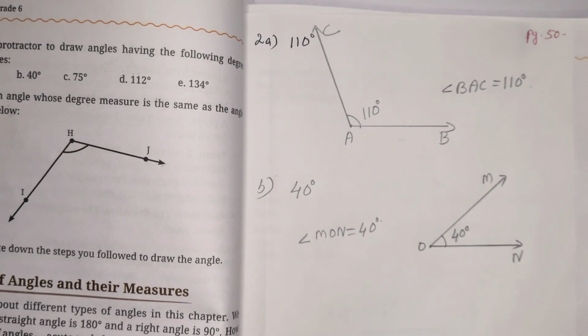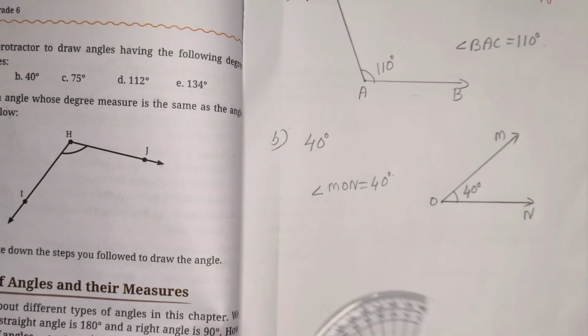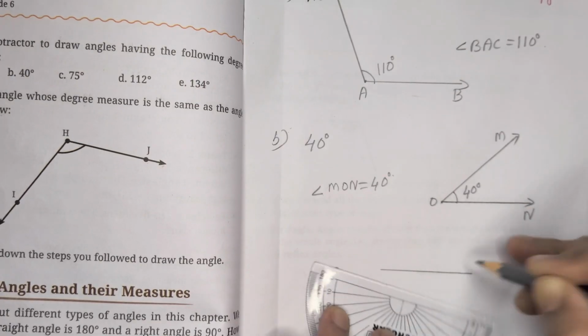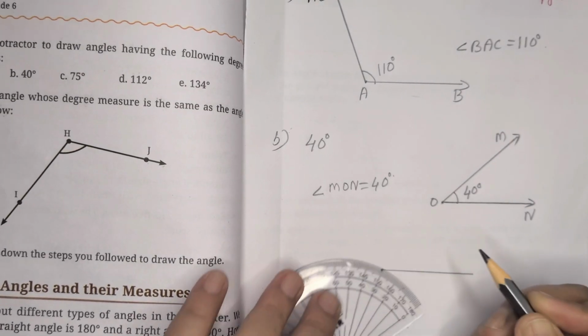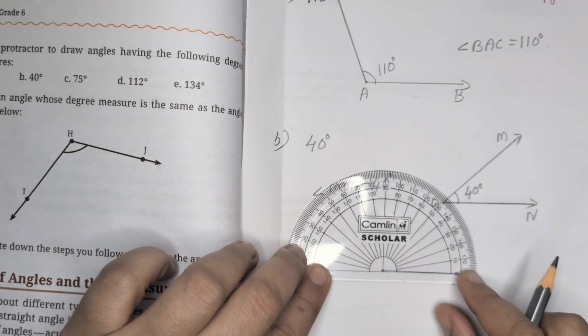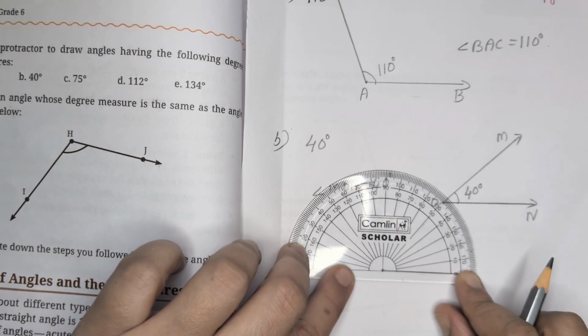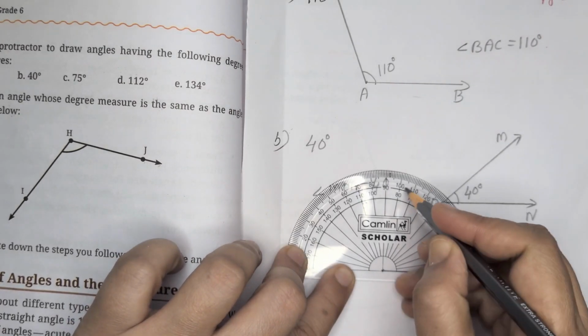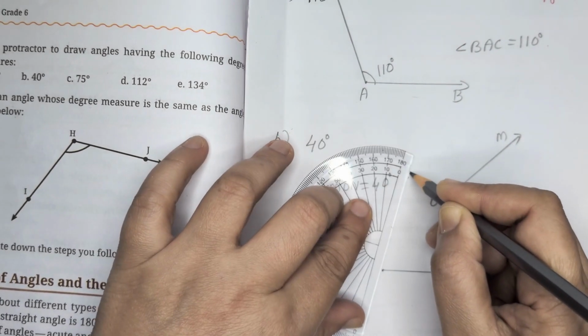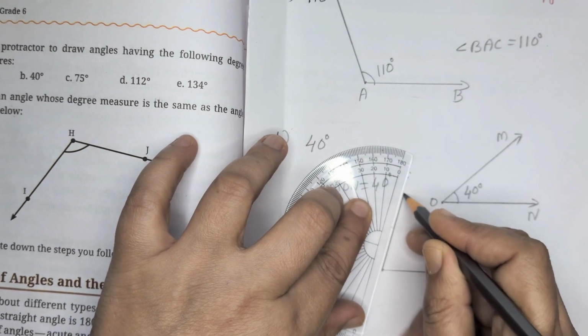Next is 75 degrees. Same way, draw a small line and keep that as the vertex, 75 degrees from there. From this side again, 75 comes over here between 70 and 80, and then join.